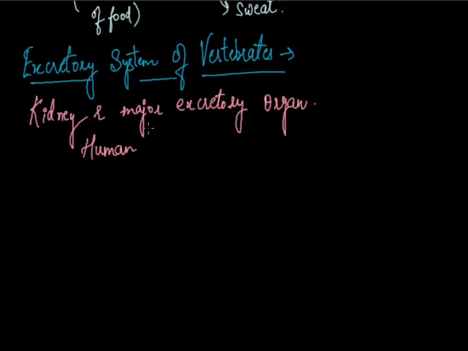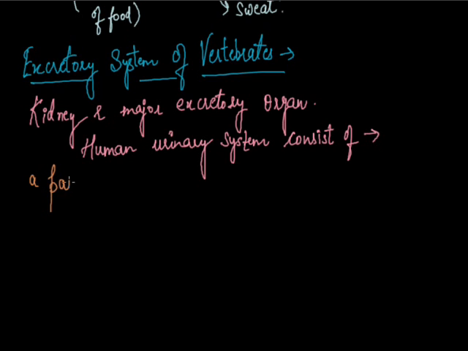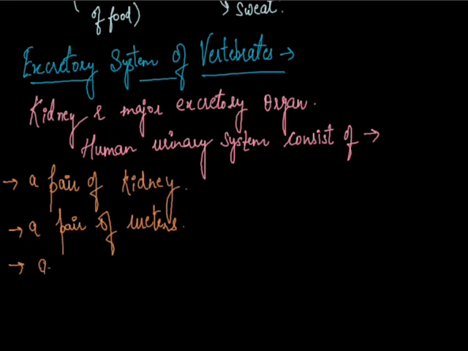The human urinary system consists of a pair of kidneys, a pair of ureters, a urinary bladder, and the last is a urethra.